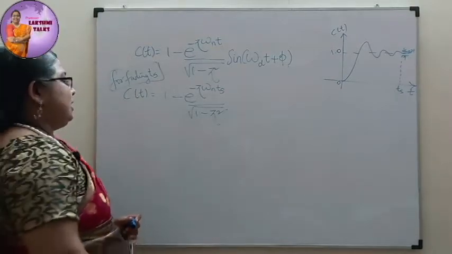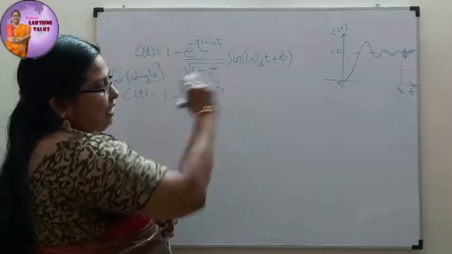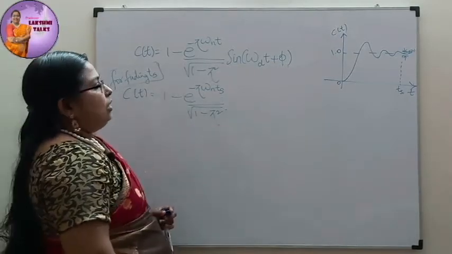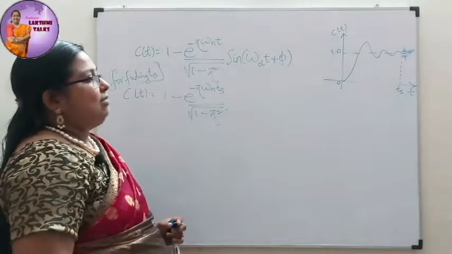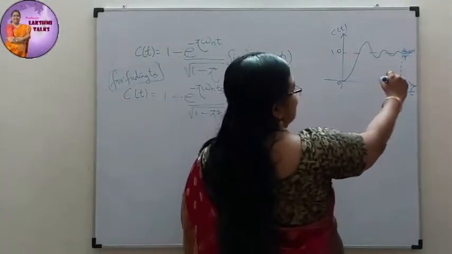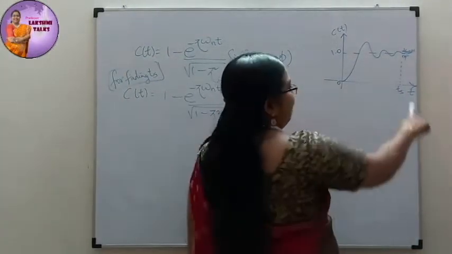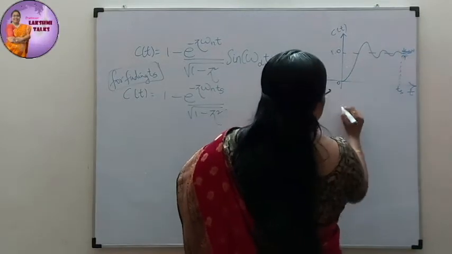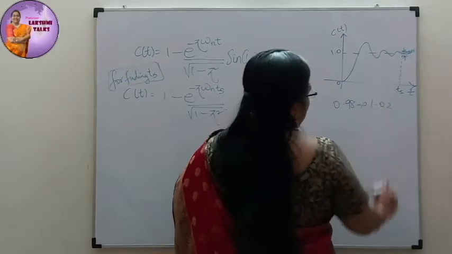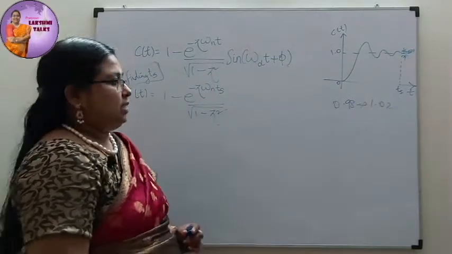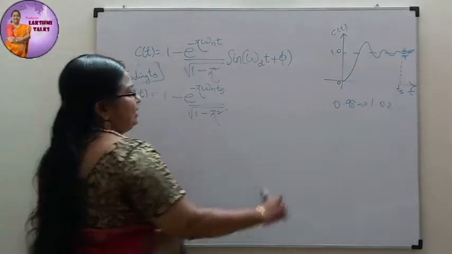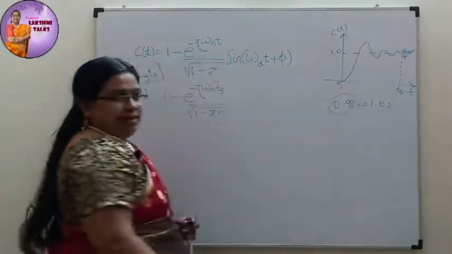Now, we have claimed that the tolerance band is 2%. So 2% means the minimum value will be 0.98. If it lies between 0.98 and 1.02, then it is plus or minus 2% of the final value 1. So let us assume that it is 0.98.